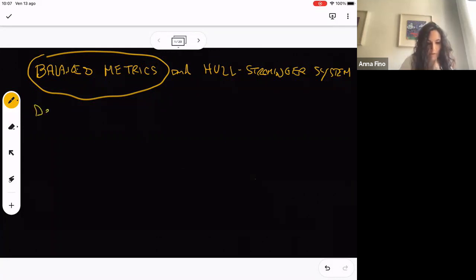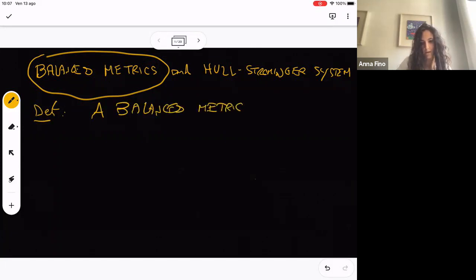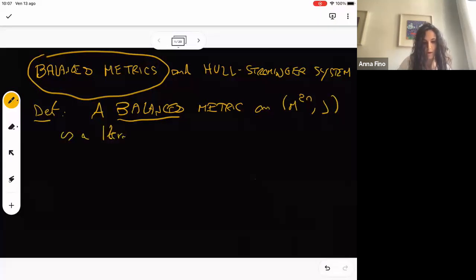Let's start with the definition. A balanced metric on a complex manifold is a Hermitian metric. I will identify, for simplicity, the metric with the fundamental form.